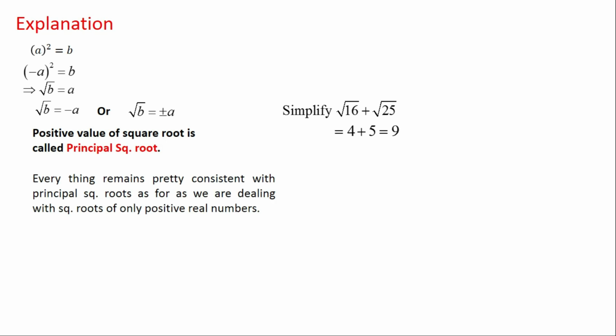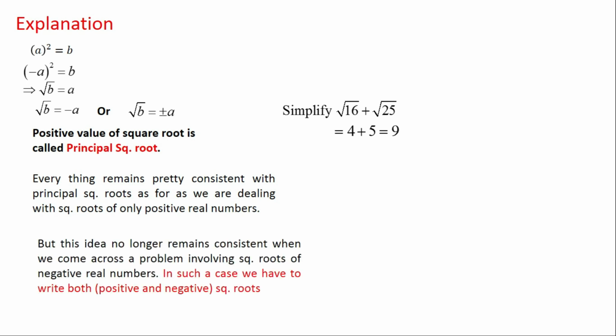The reason is that everything remains pretty consistent with principal square root as long as we are dealing with square root of only positive real numbers. That is, when in a problem there are only square roots of positive numbers, then there is no problem to write positive square roots, and there is no need to consider negative square roots.